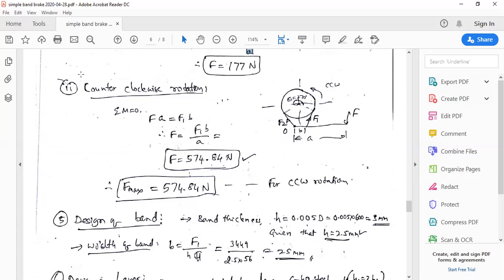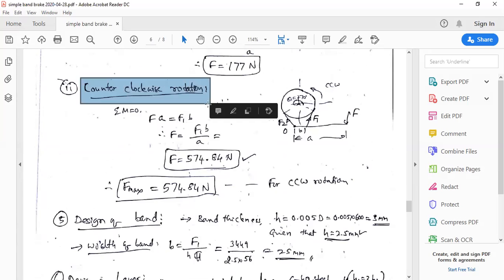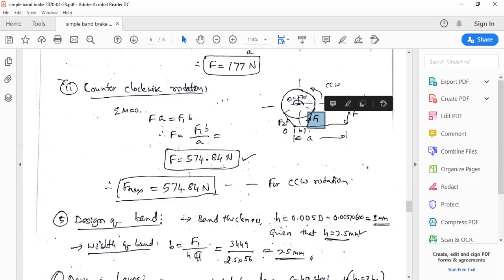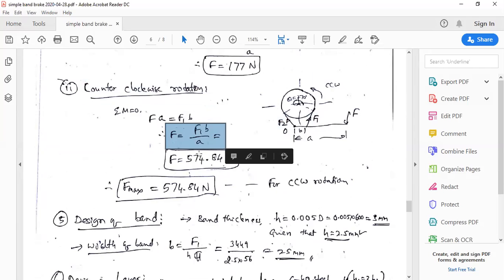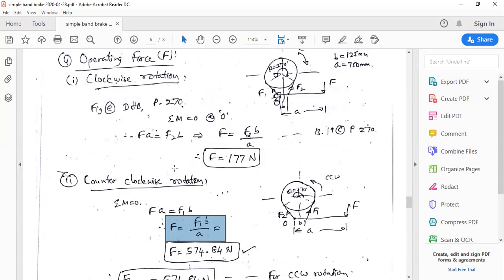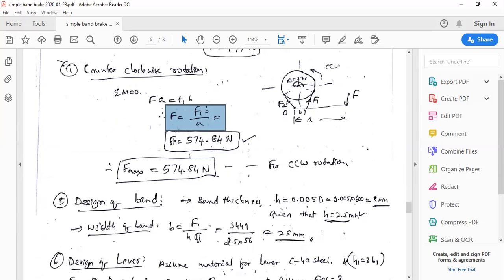Then, using the same condition for counterclockwise rotation, the pulling side F1 is shifted towards the right side and F2 towards the left side, so the equation is F equals F1 b divided by a, referring to the same data handbook, page number 270. The F value you get here is 570.84 newtons.